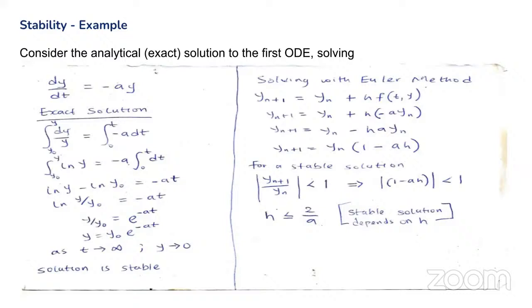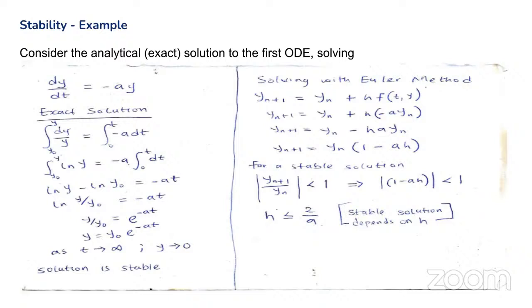For a stable solution, we always want the next solution to be very close to the previous solution. So the absolute value of yn plus 1 over yn has to be less than 1. If you look at that equation, yn plus 1 equals yn into 1 minus ah.